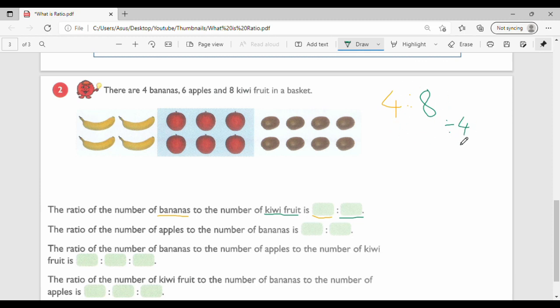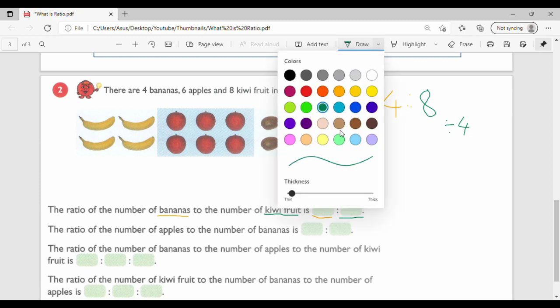When I say we can divide by the same number, that means I can divide both of these numbers by a number and I will get a whole number. Because in ratio, we can't have 2.5 to 3.7. That's not how it works. They have to be whole numbers. So what can I divide these 2 numbers by and still get a whole number?